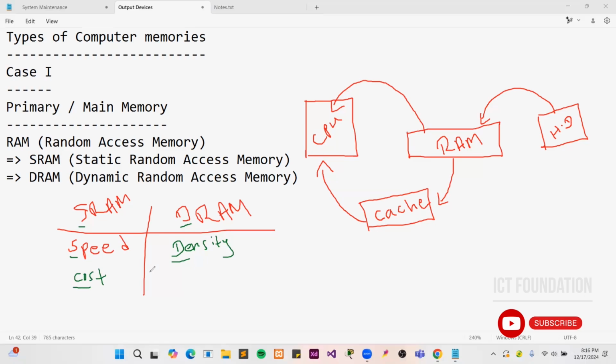Then what about the capability? Capability means capacity. The capacity is high in DRAM. Consider the scenario where you have some MP3 songs in your memory card, meaning an SD card. If you have only two songs, once you play a song within the memory card, it will play immediately without any time delay. But sometimes you may have 5,000 or 10,000 songs within the pen drive or memory card.